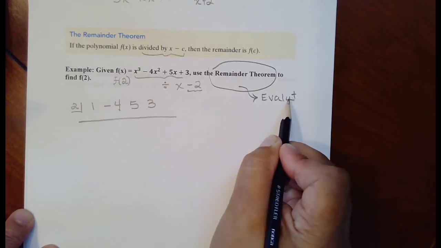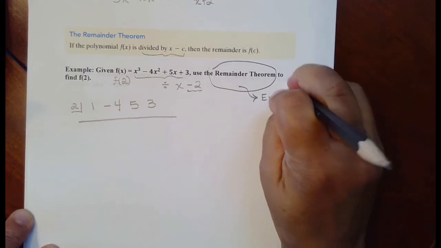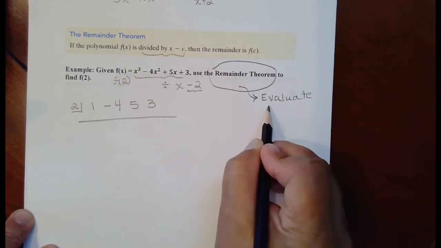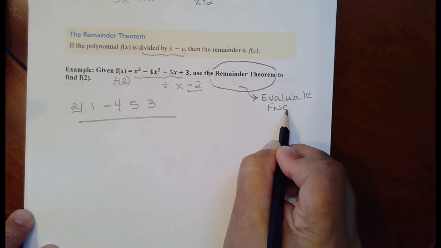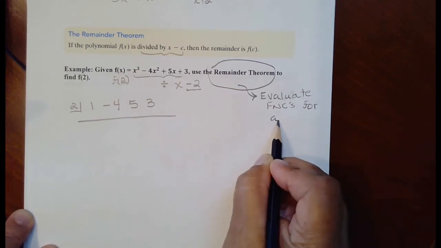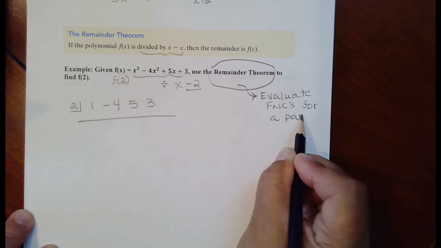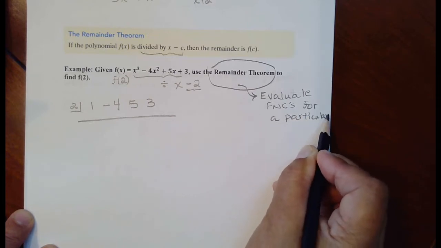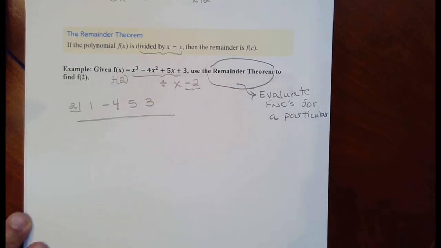We drop the 1. 2 times 1 is 2. Bring that number right there. Add these terms and you get -2. Go again. 2 times -2 is -4. Combine those terms and you have 1. 2 times 1 is 2. Add these terms and you get 5.